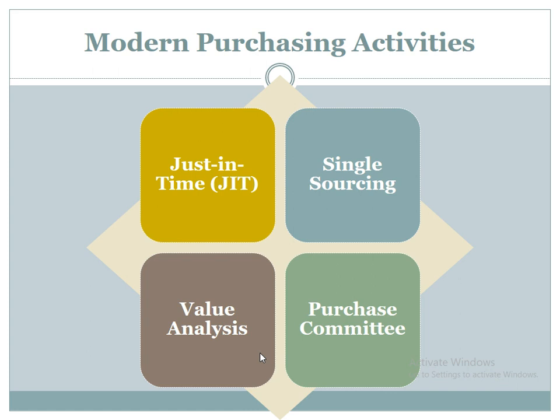This ensures nil rejection or zero rejection at the buyer's factory. The just-in-time delivery means that the buying and selling organization work together closely to reduce the costs. The next is single sourcing.